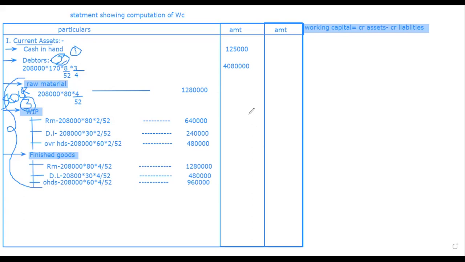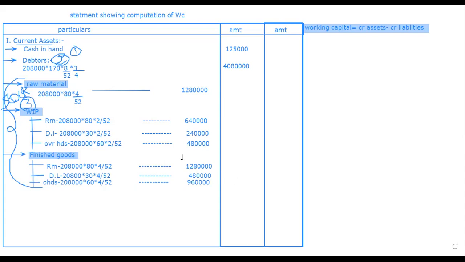So 12 lakhs 80,000 plus 6 lakhs 40,000 plus 2 lakhs 40,000 plus 4 lakhs 80,000 plus 12 lakhs 80,000 plus 4 lakhs 80,000 and the last is 9 lakhs 60,000 is equal to around 53 lakhs 60,000.